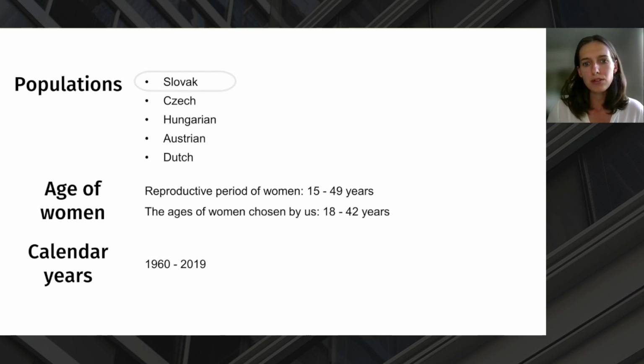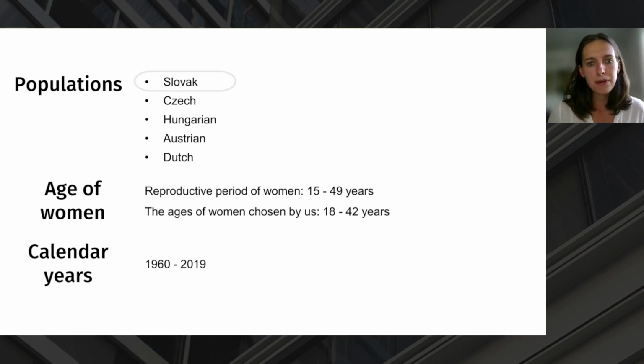Since the number of children per woman decreases as age increases, we chose an upper limit of 42 years for reliability. Similarly, for women aged 15 to 17, there is a low number of births, which could increase the error in our model. Therefore, we decided to set the lower age limit at 18 years.